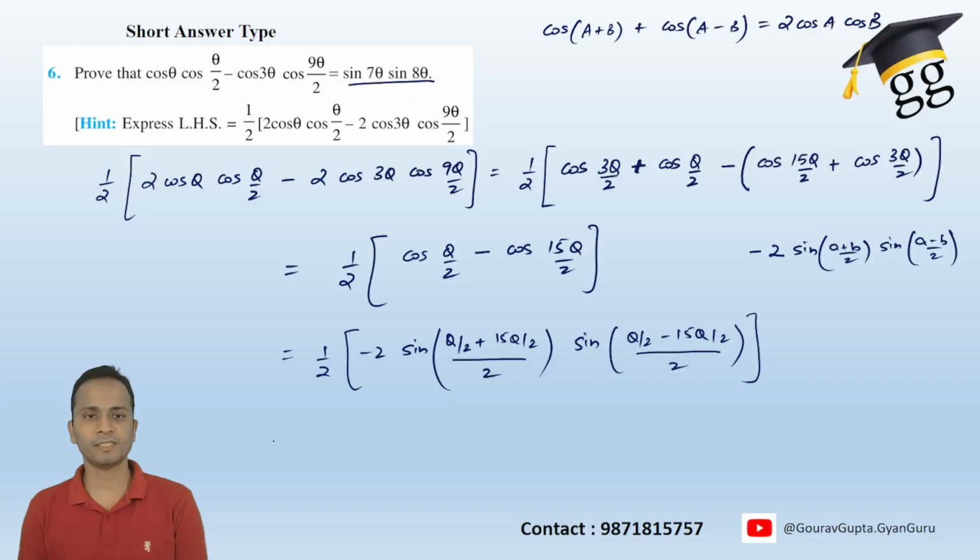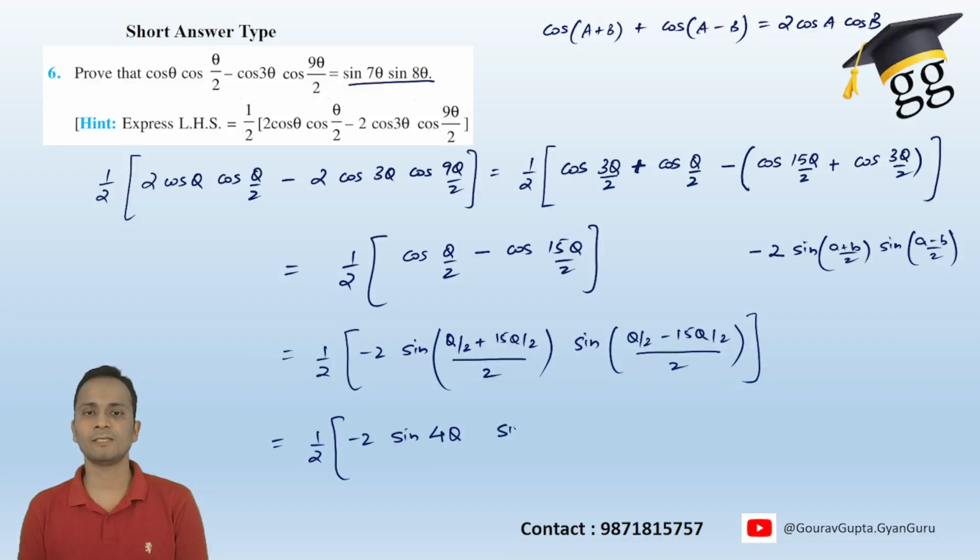Okay, right? So half as it is, inside the bracket minus 2 as it is, sine of theta by 2 plus 15 theta by 2 will be 16 theta by 2, that is 8 theta, whole divided by 2 will be 4 theta.